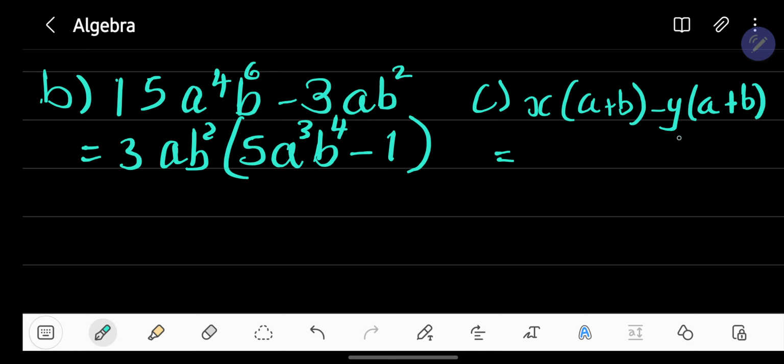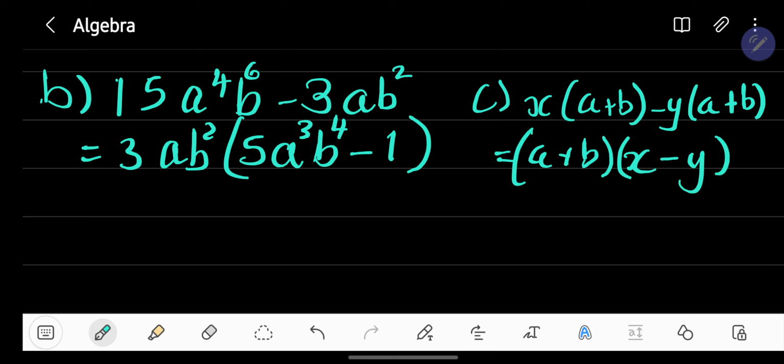So that is your common factor. You're just going to take it out, a plus b. On this term, if you take a plus b away, what do you remain with? You remain with x. And on this term, when you take a plus b away, what do you remain with? You remain with y. Then that's your answer.